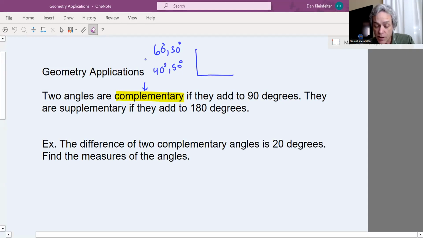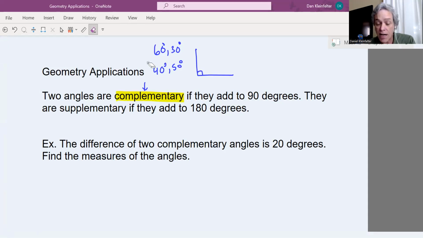In terms of a picture, we know what a right angle looks like. Frequently, you see the little box in the corner to indicate that it is a right angle. So two angles are complementary if they form that right angle when you add them together.